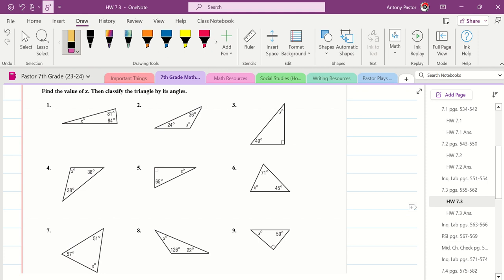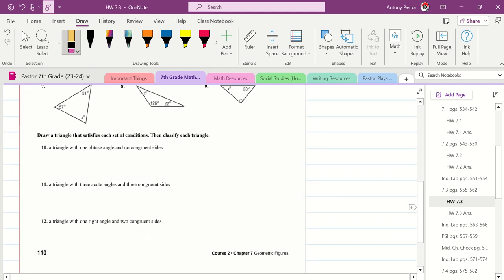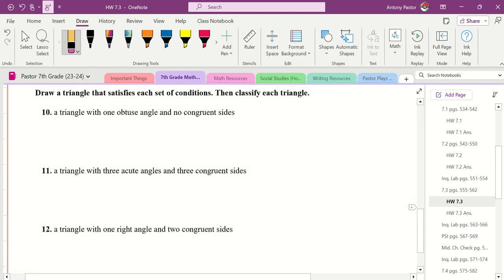Are we clear? For questions 10 through 12, they want you to draw a triangle that satisfies each set of conditions, then classify the triangle. Since you're basically building a study guide, just drawing the triangle and the 2 classifications doesn't meet the requirements, does it? So what should you be putting in your homework, ladies and gentlemen? The question.